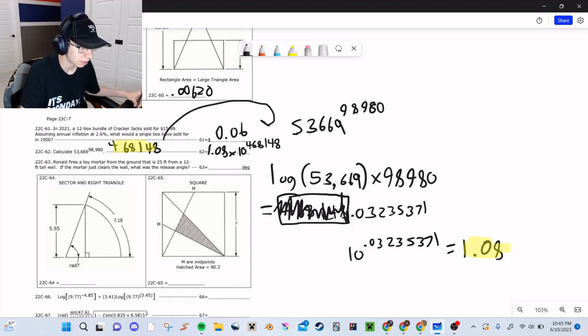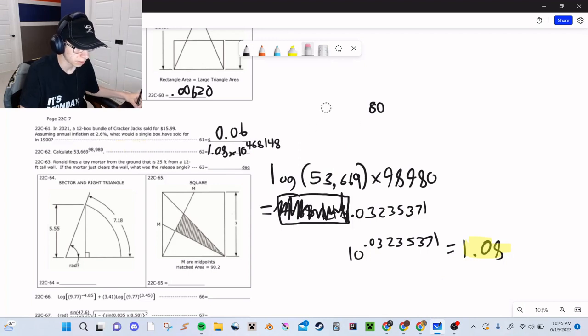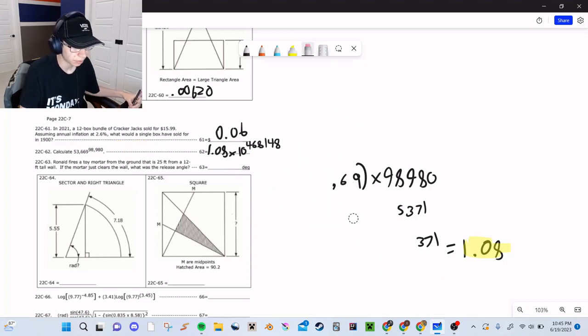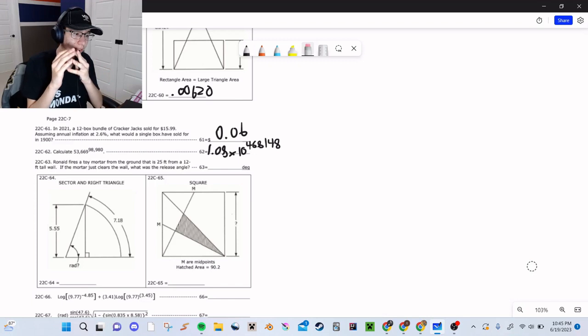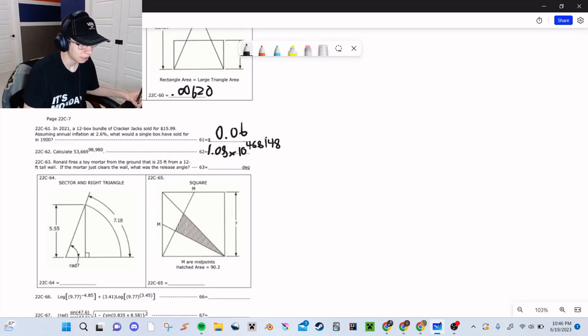So this is our power there, and this is our base. Basically the formula always goes: log of the base times exponent. Write down the integer part, subtract it from the number, leaving only the decimal part, then do 10 raised to that decimal part. The number you get is going to be the first 3 significant digits, and the integer part you wrote down earlier, from log of the base times the exponent, is going to be the power of 10 here.